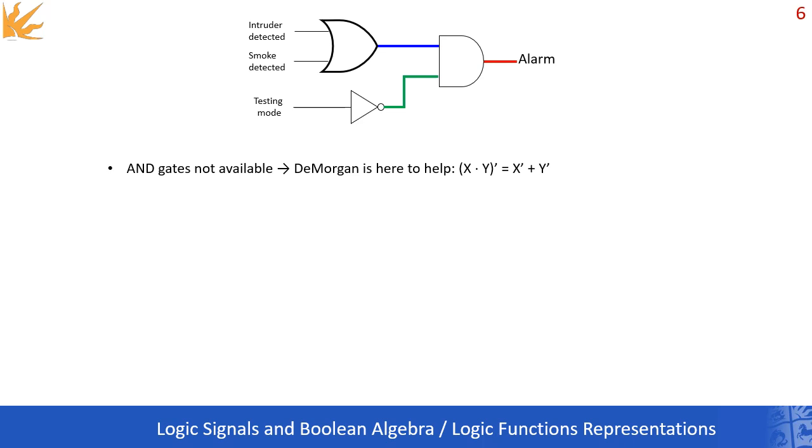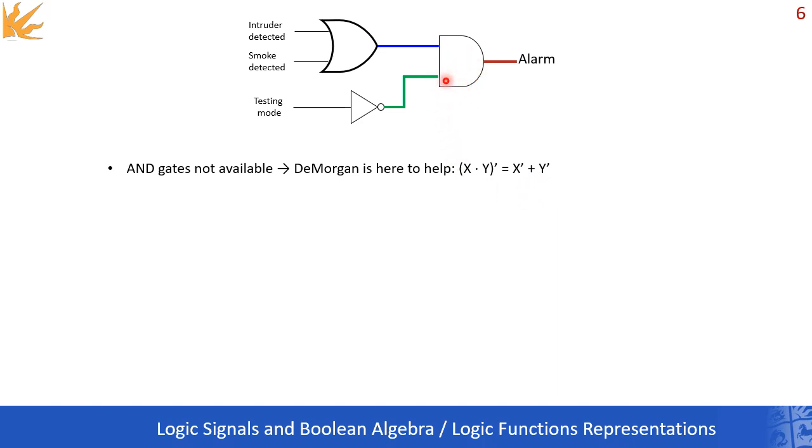Okay, let's see how you would simplify this. Suppose that you have no AND gates, okay? You got De Morgan's rules or theorem, if you want, to help you here. So as you remember by De Morgan, if you invert an AND operation, then this is equal to inverting each variable and replacing the AND operation with an OR operation.